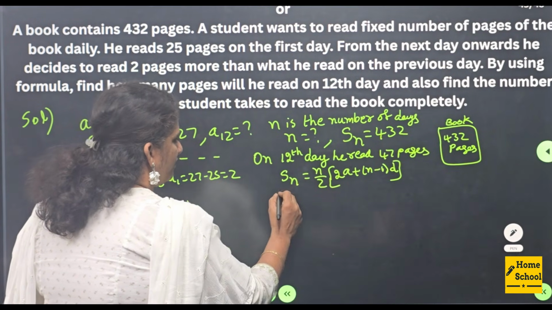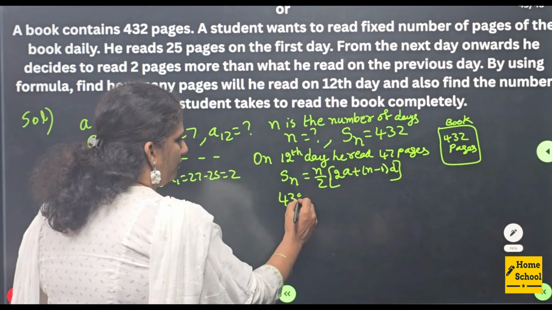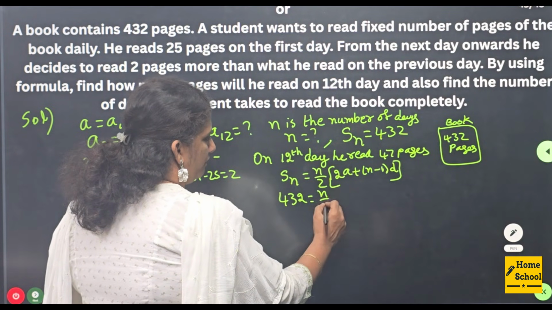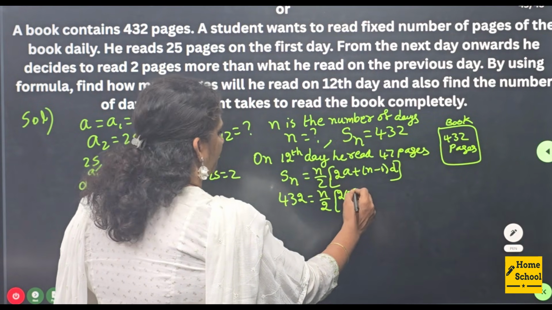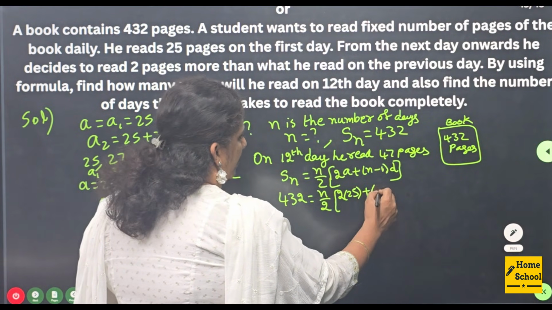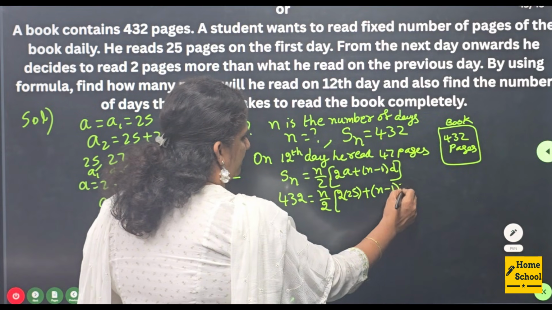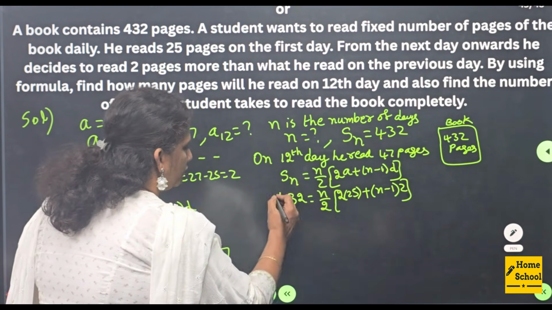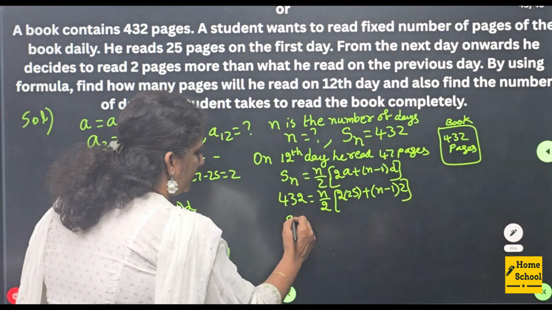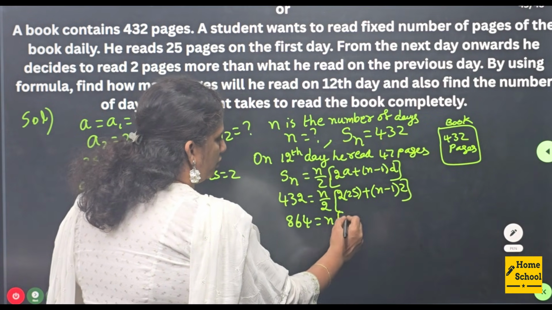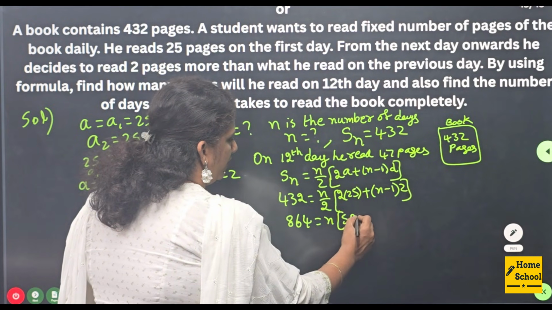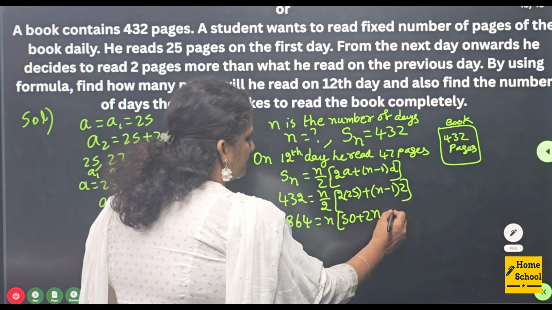We know Sn value is 432 and n value we don't know. 2a, 2 into 25, a value is 25, n minus 1 into d, d value is 2. To bring this side, that will be 864 is equal to n into (25 2s are 50 plus 2n minus 2).